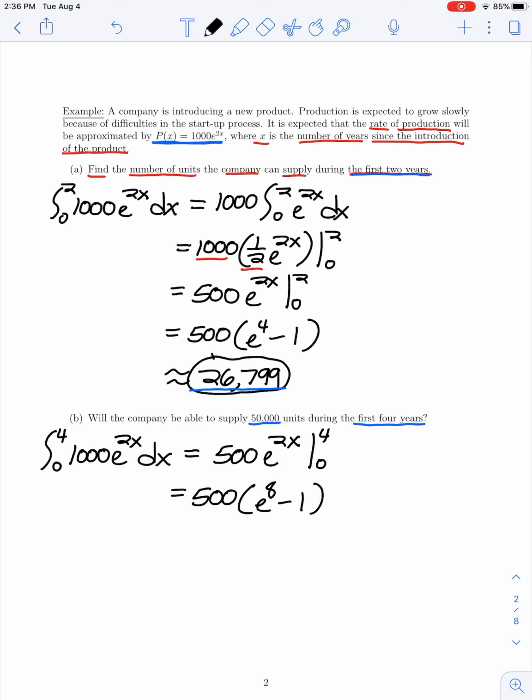So again, using a calculator to approximate this value, we find that this is approximately 1,489,979 units, which is certainly greater than the 50,000 that are asked about here. So we could say definitely we can supply at least 50,000 units within the first 4 years.